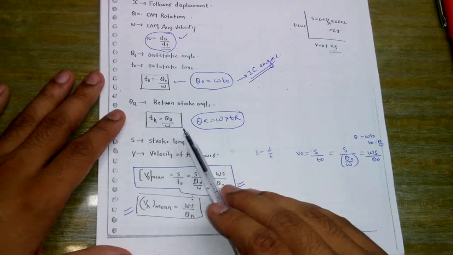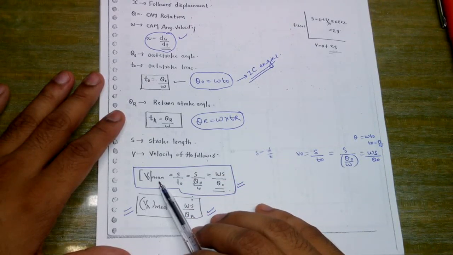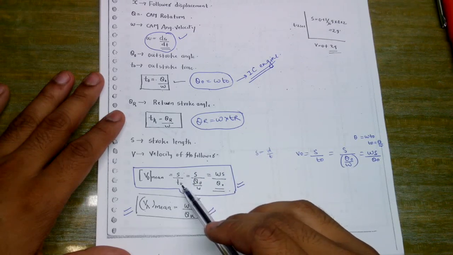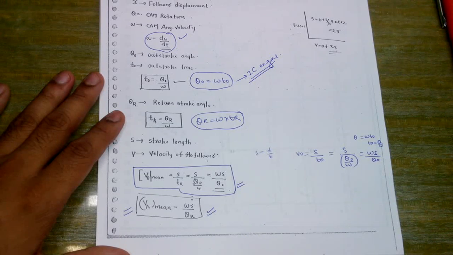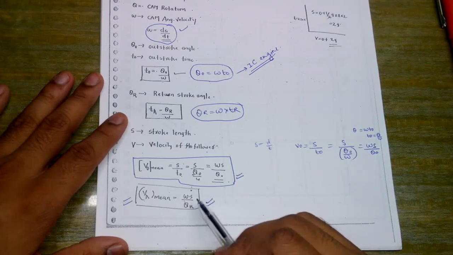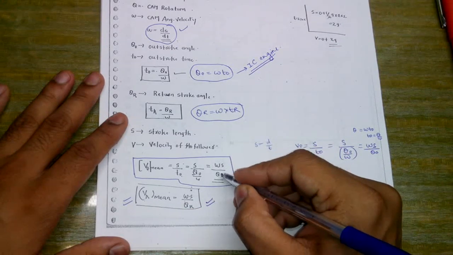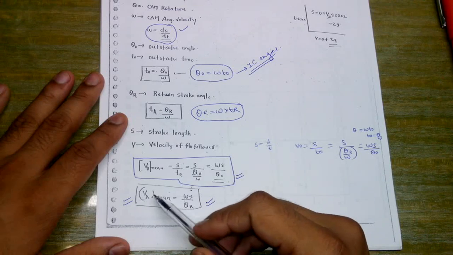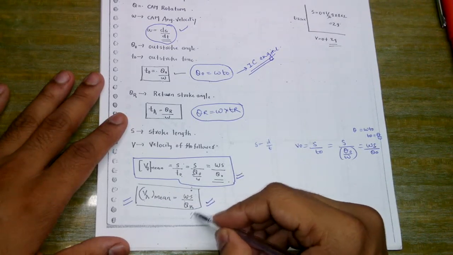If s is the stroke length and v is the velocity of the follower, then mean velocity would simply become s upon t naught, and t naught is theta naught upon omega, so it becomes omega s upon theta naught. Mean velocity in the outstroke is omega s upon outstroke angle, and mean velocity for the return stroke is omega s upon the return stroke angle.